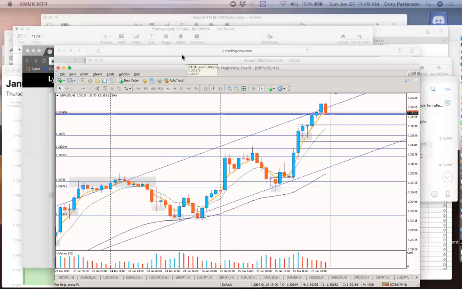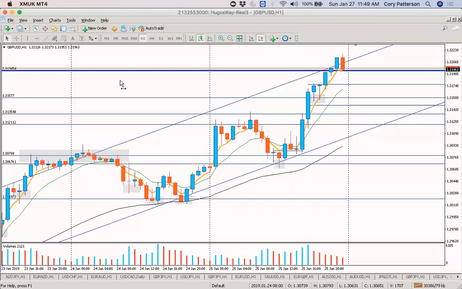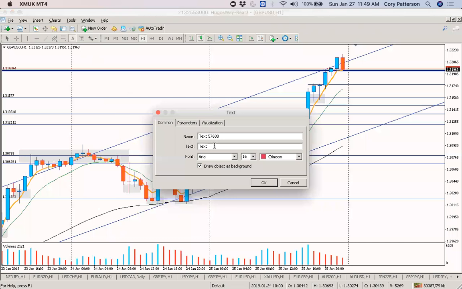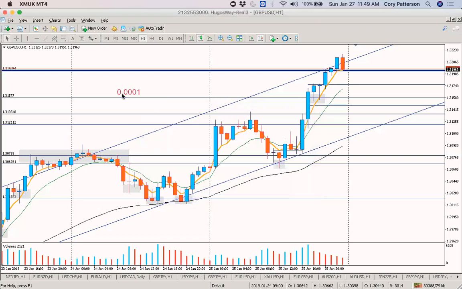And when you're looking at a major pair, pips are calculated at every 10,000th. So anytime you see that price moves up 1 point in the fourth decimal place, you'll count your pips from there.